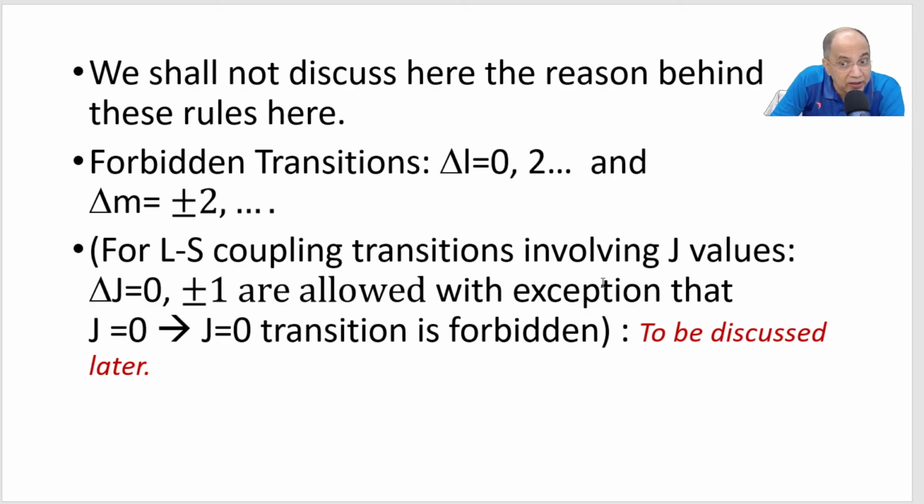For LS coupling transitions involving the J quantum number, which we have not yet discussed, in advance I am telling you, delta J will be 0 or plus minus 1 are allowed, with the exception that J 0 to J 0 transition, from higher level P and the S level, is not allowed, forbidden, even if delta J is equal to 0. That particular exception, J 0 to J 0, is disallowed, to be discussed later.